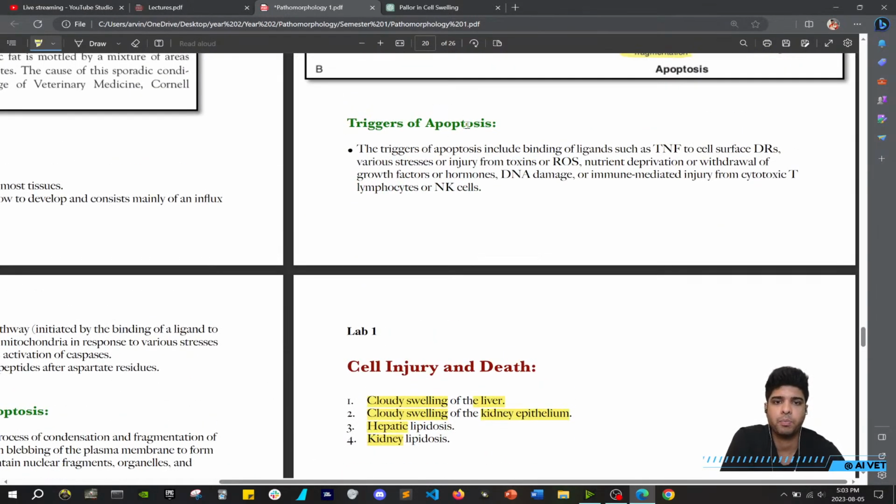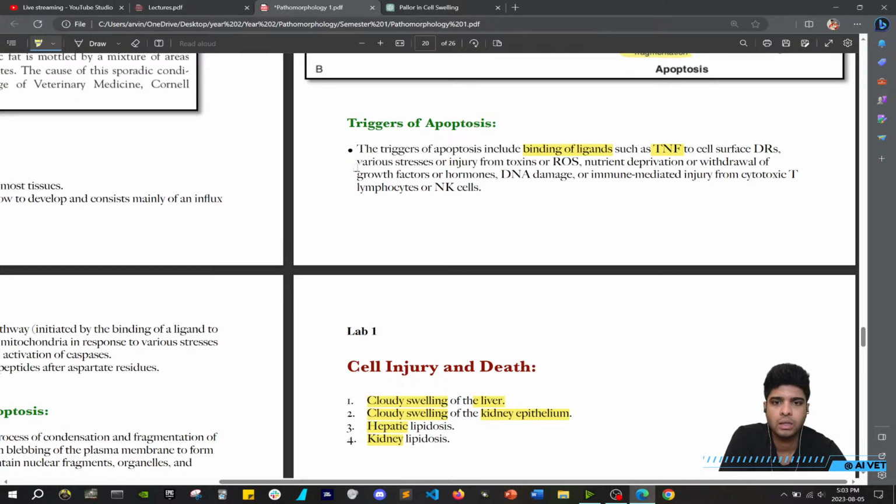Triggers of apoptosis include binding of ligands such as tumor necrosis factor to the cell surface death receptors.